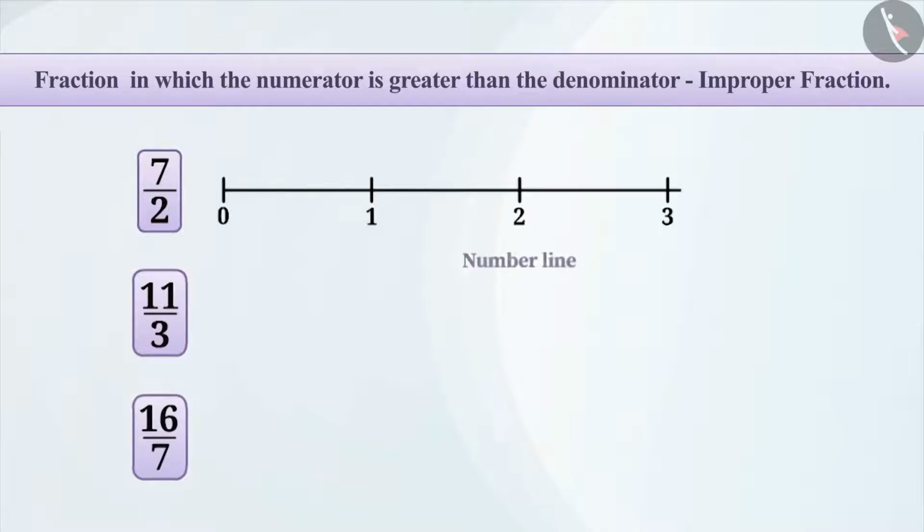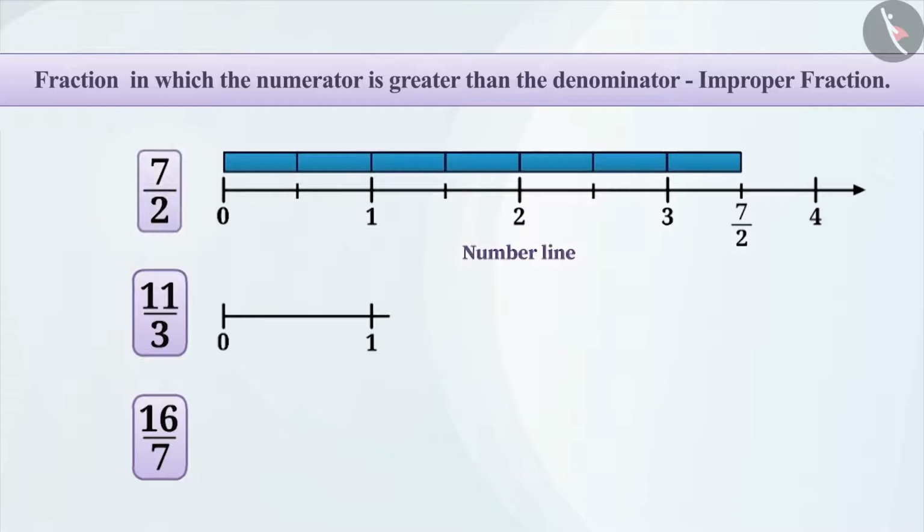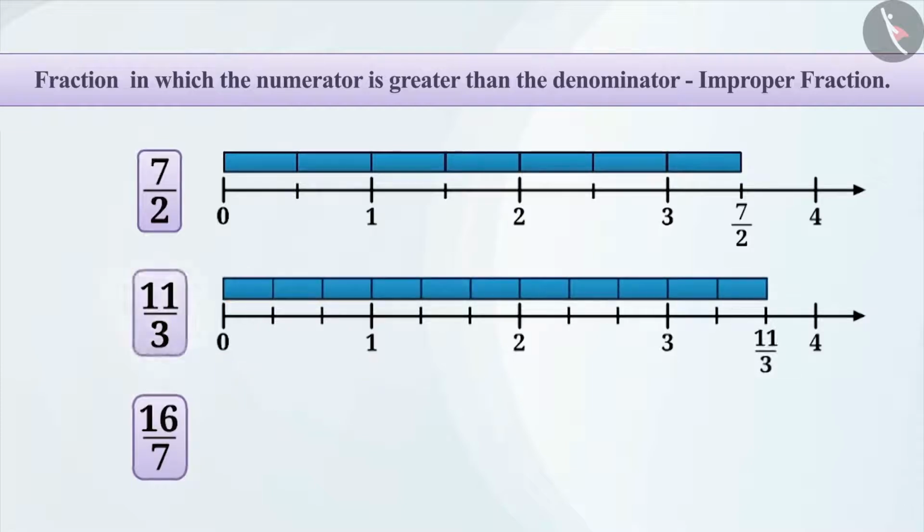Let's also represent them on the number line. To represent 7/2 on the number line, first we will divide the unit length into 2 equal parts and take 7 such parts on the number line. Similarly, to represent 11/3, we will divide the unit length into 3 equal parts and take 11 such parts on the number line.